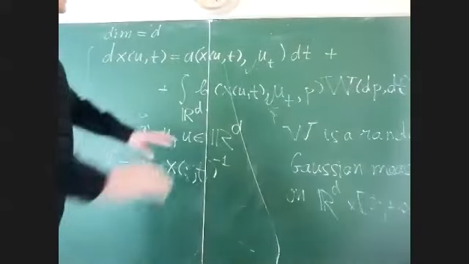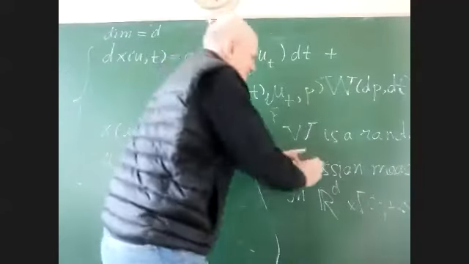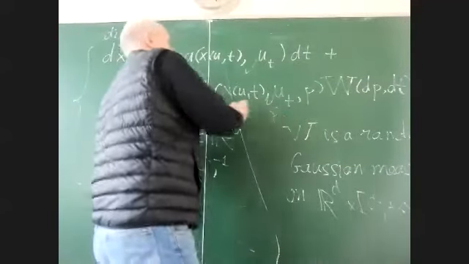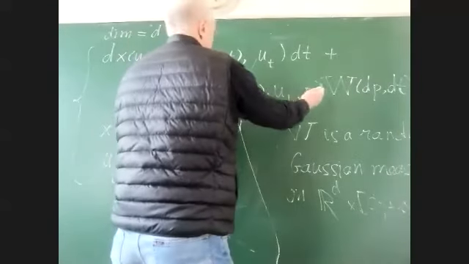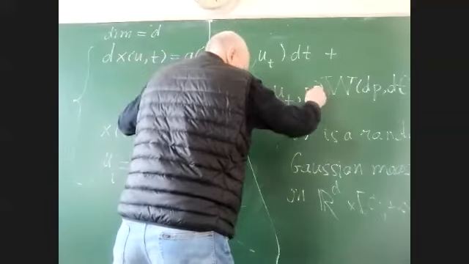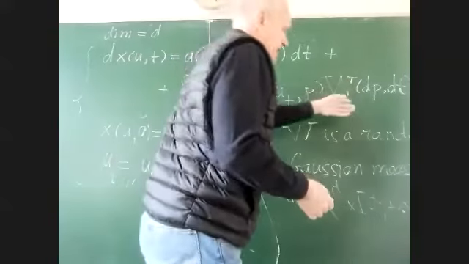And it depends on the picture. It can be with the values in RT. Then it is a matrix. For then this is just a number, and we multiply the vector.